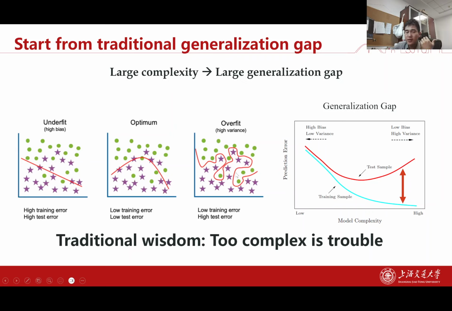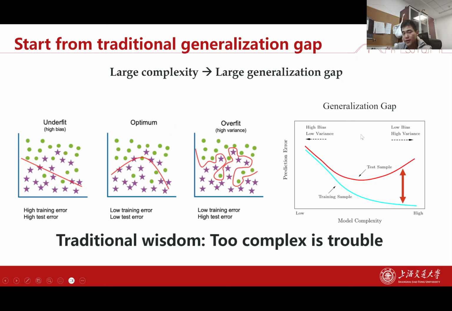But we usually don't want this classification function, because if we sample another data point in here, we usually assign this point as a star, but this classification will classify this data point as a circle. So this makes the model generalize very badly.